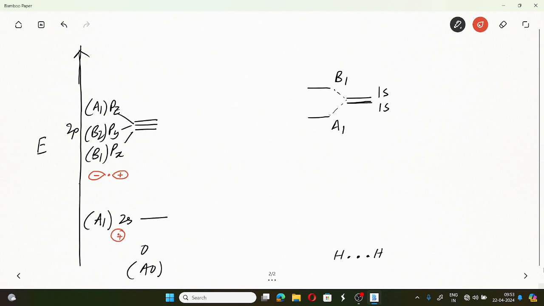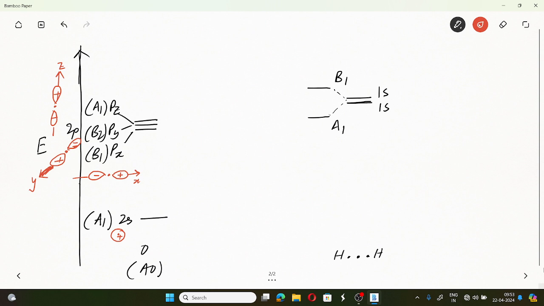Py is perpendicular to the plane of the screen, so it's like this, py. This is the x-axis. This is the y-axis, which is perpendicular to the plane of the screen. And the pz orbital is like this. This is the pz orbital. This is the z-axis.